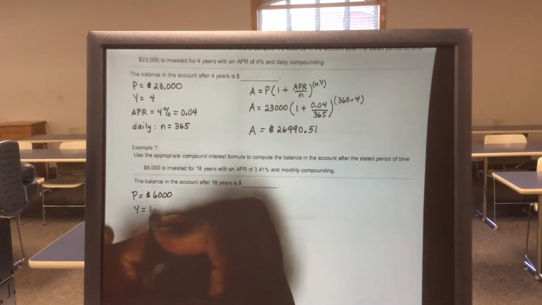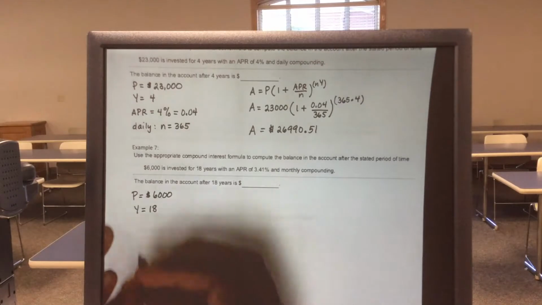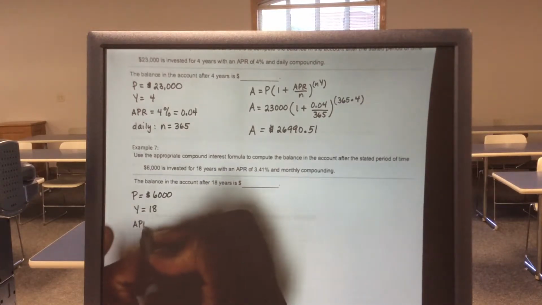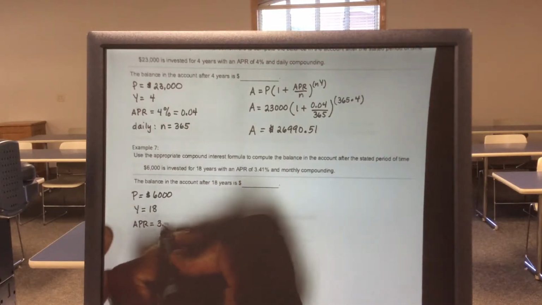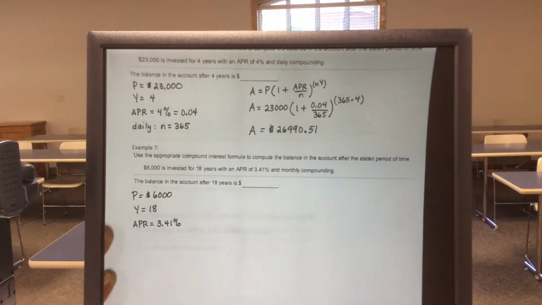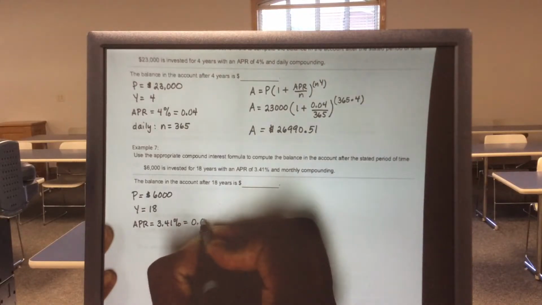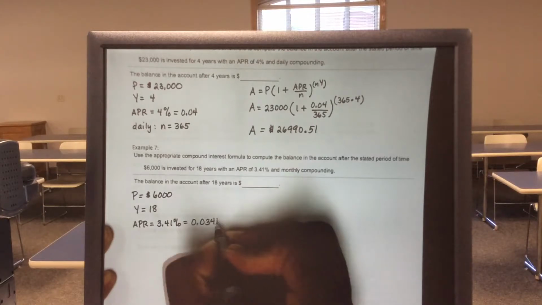The Y is 18 years, that's given to you. Your APR is 3.41%. Well, we take 3.41% and convert it to a decimal by dividing by 100, and you'll get 0.0341.